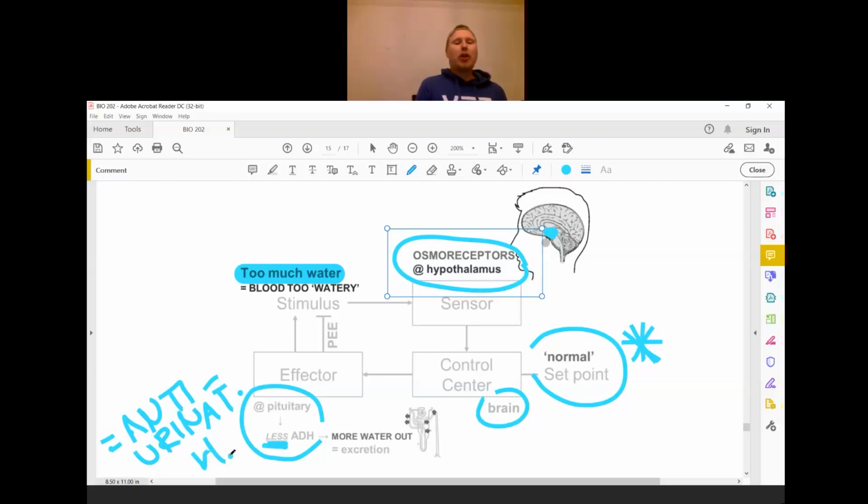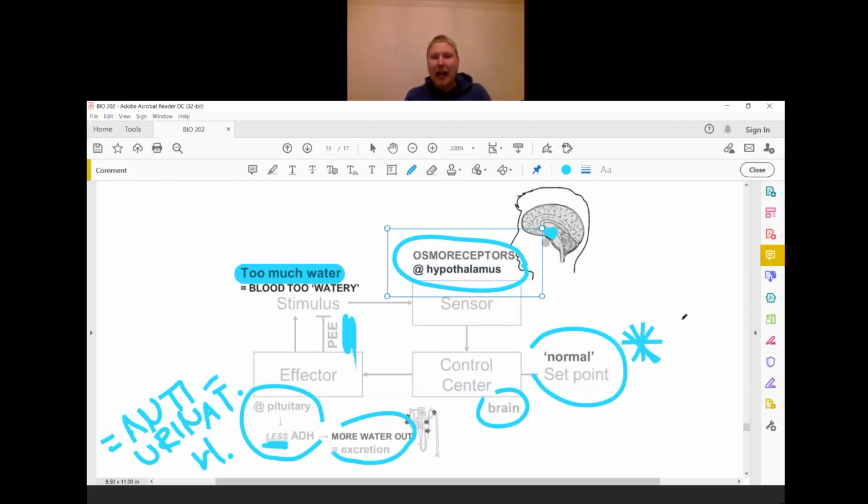If there's now a small amount of ADH, we actually end up making a lot of pee, so less water is recovered from the distal convoluted tubule, and as a result, a lot of pee is being produced now, so we can pee away a lot of that extra water that we wanted to get rid of.